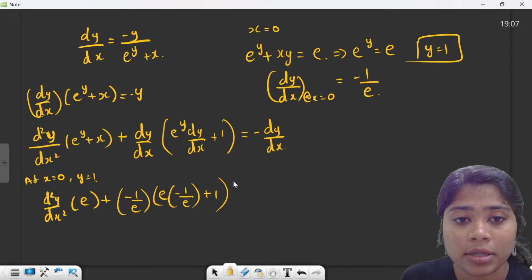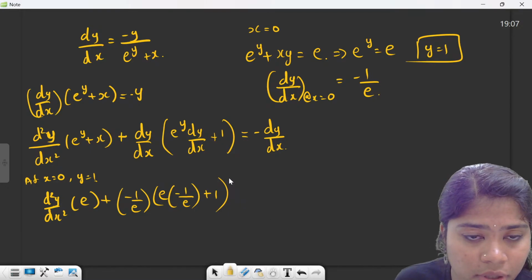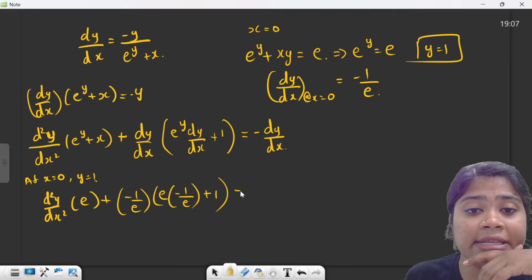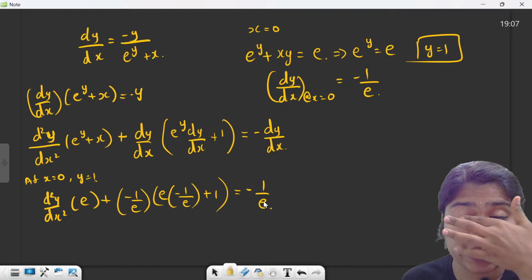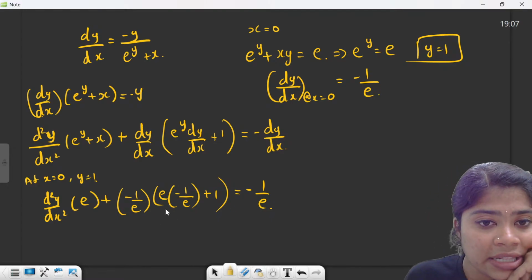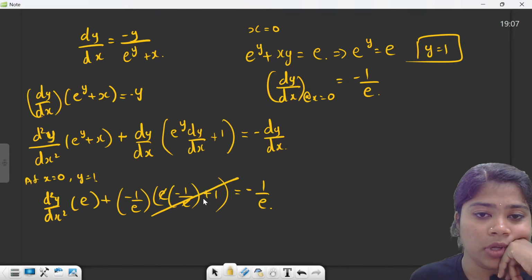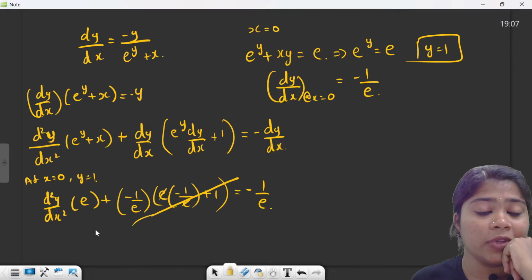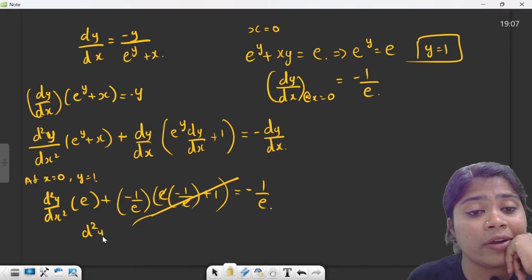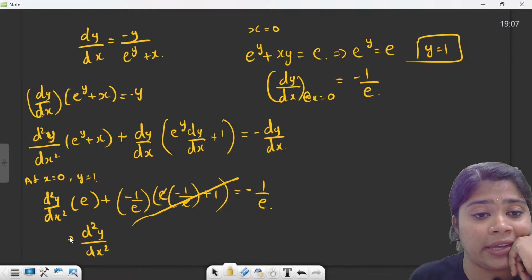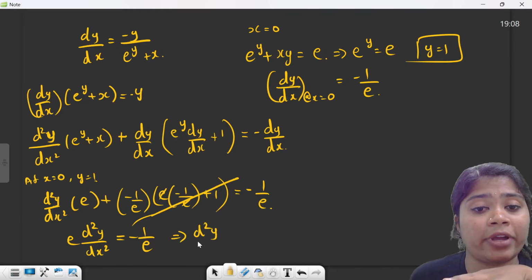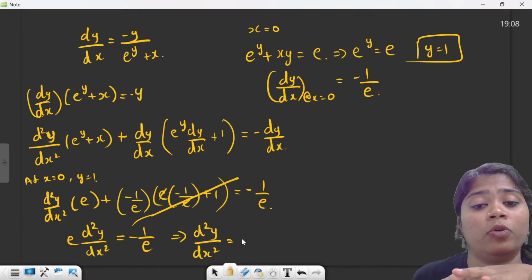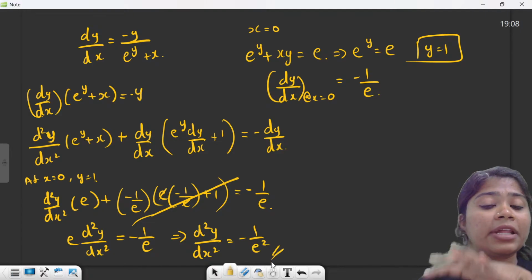I close the bracket, which is equal to minus 1 by e. Exactly. Now this whole term becomes 0. So we get e into d square y by dx square is equal to minus 1 by e. The final answer is d square y by dx square is equal to minus 1 by e square. That's the answer.